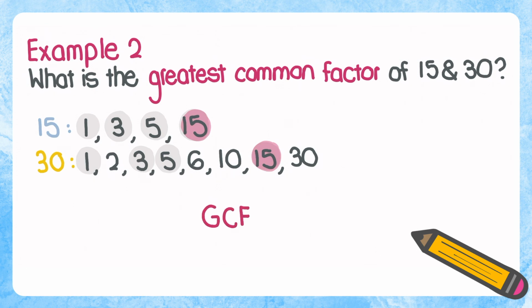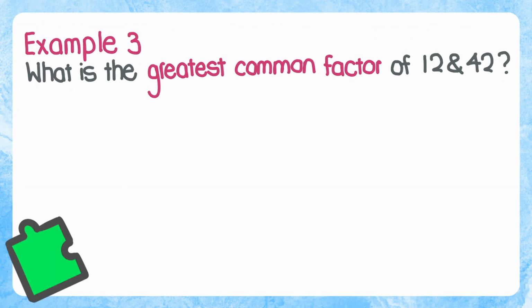So our GCF is 15. Again, we listed out all factors for both numbers, then found which factor is the largest one that they share in common. Please try this one on your own. What is the greatest common factor of 12 and 42?